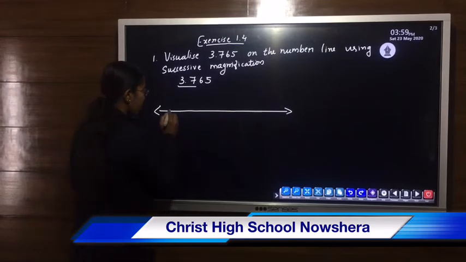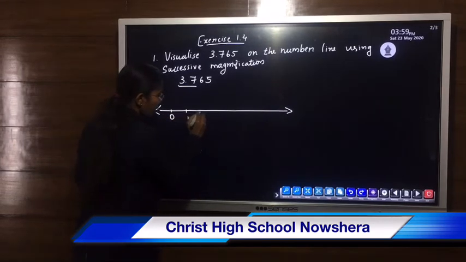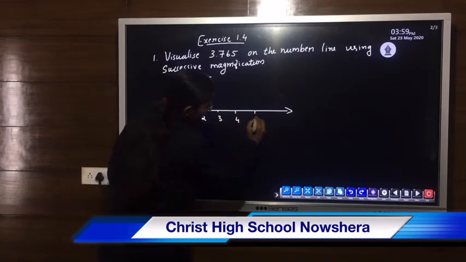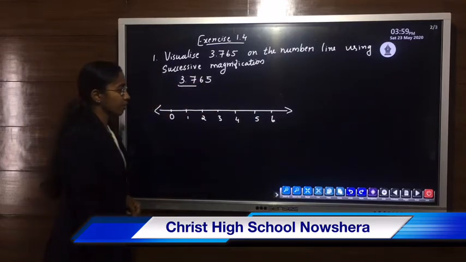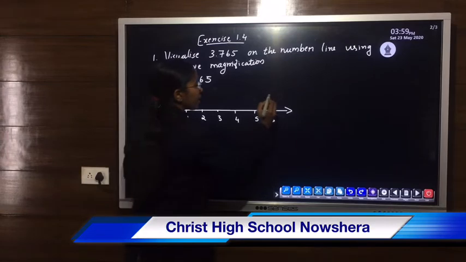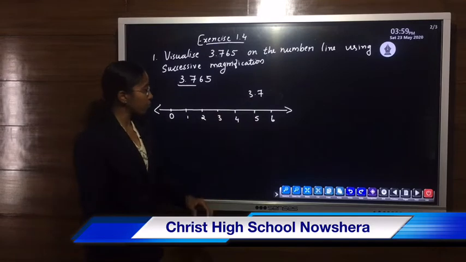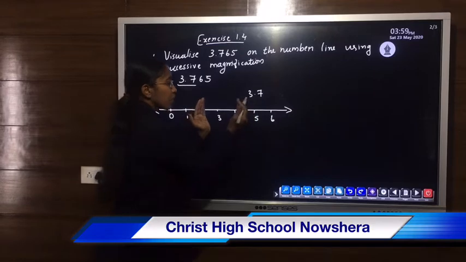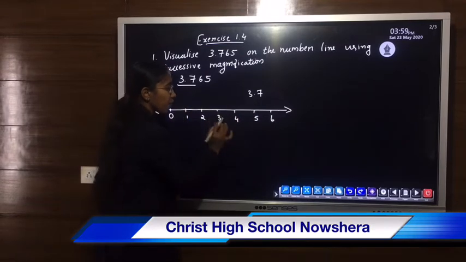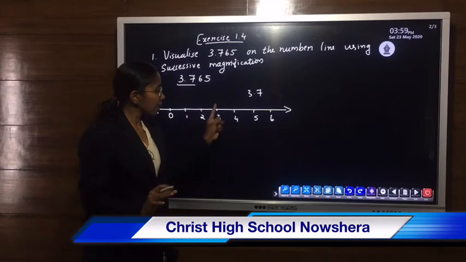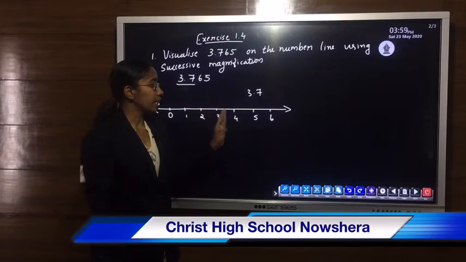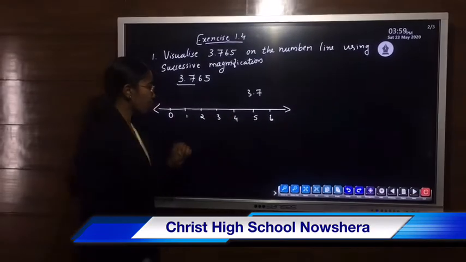Suppose this is the number line: 0, 1, 2, 3, 4, 5, 6, etc. First we are considering only 3.7. This point lies in between 3 and 4. So we are taking the enlarged portion of 3 and 4, which means we divide 3 and 4 into 10 equal parts.